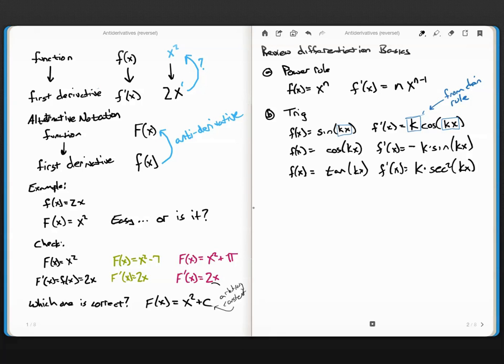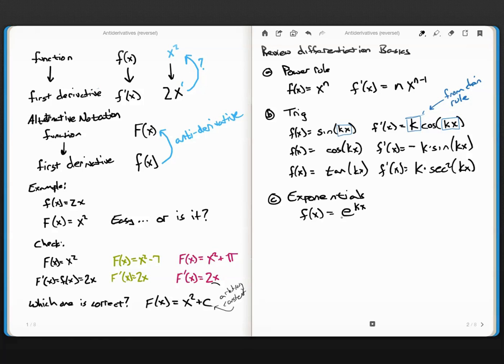Another really important one, C, is exponentials. Typically when we say exponentials, we mean f of x equals e to the kx.